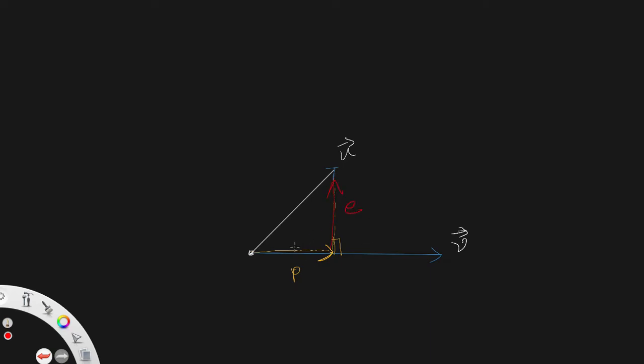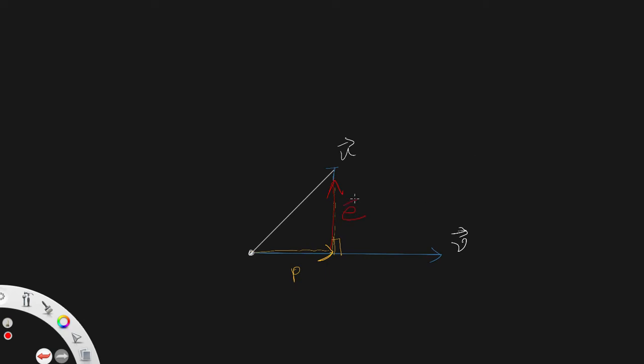Because in the line of V, we don't have the vector U, but the closest approximation of U is the vector P. So if we call P the approximation of U on V, then E is the error vector, right? The naming error is going to be much clearer to you after next week when we discuss least squares, but just for now let's call it E vector.